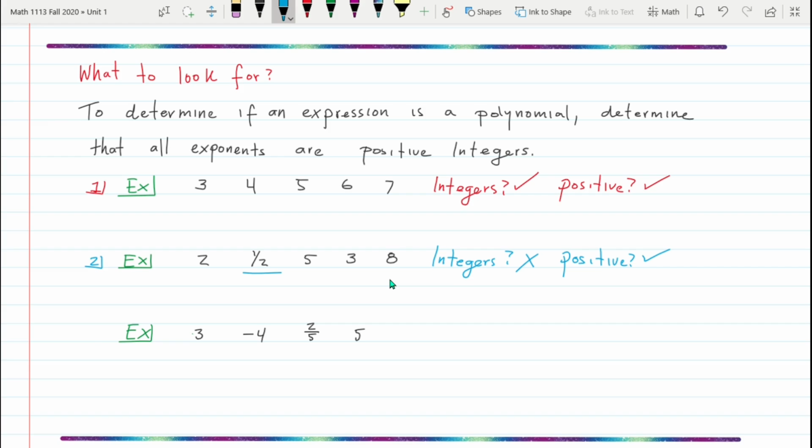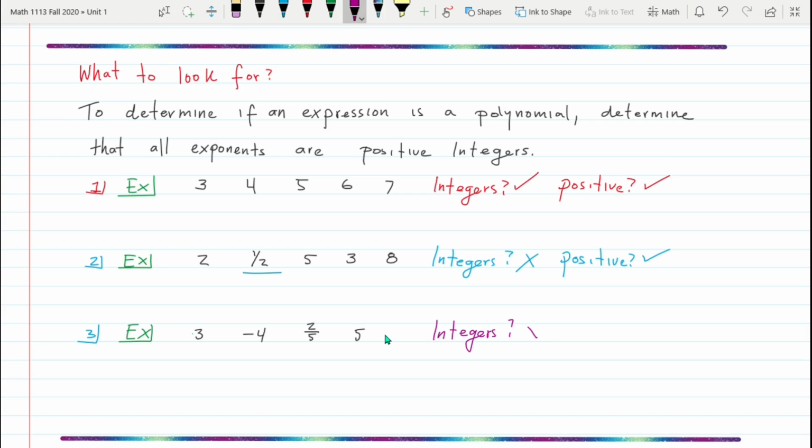And then example 3, we're doing the same thing. Are they integers? We have the numbers 3, -4, 2/5, and 5. So if those were the exponents or the powers of a polynomial expression, would that be a polynomial? So are they all integers?